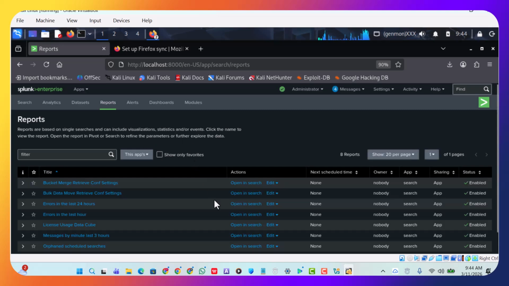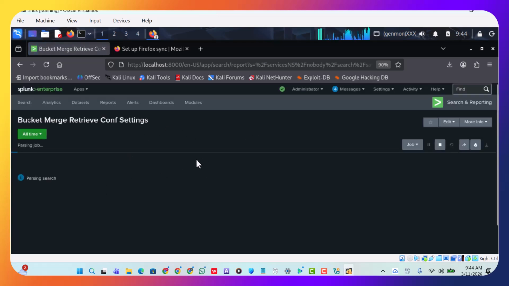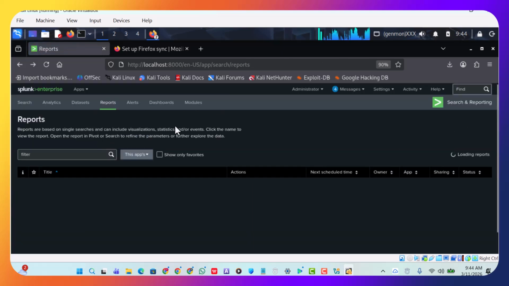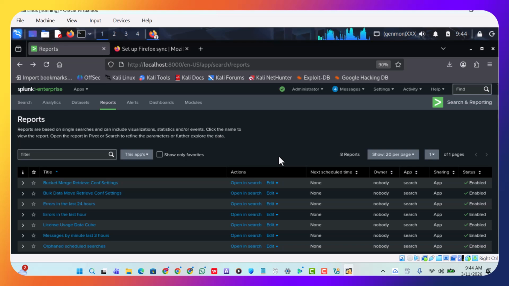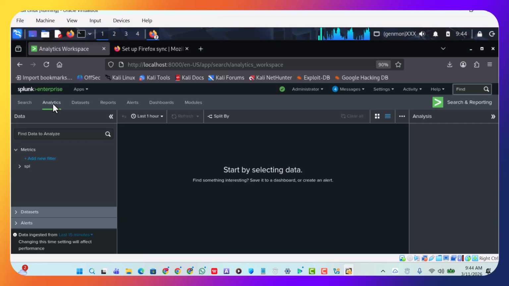These are reports. As you can see, nothing has happened for Bucket Merge Retrieve config settings. I'm just taking you through the overview of the Splunk tool that I'm using.